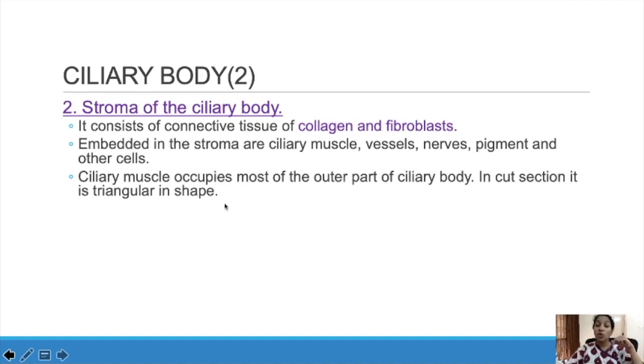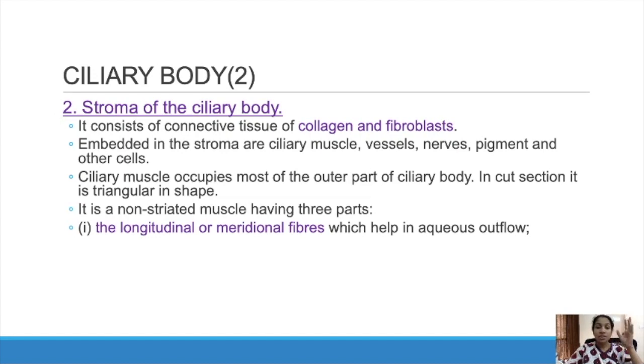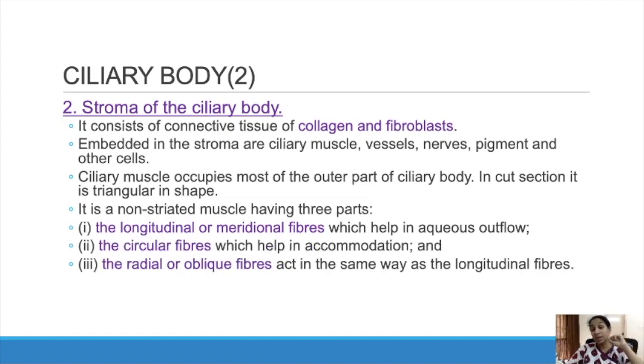Ciliary muscle occupies most of the outer part of the ciliary body. In cut section, it is triangular in shape. It is a non-striated muscle having three parts: longitudinal fibers, circular fibers, and radial or oblique fibers.